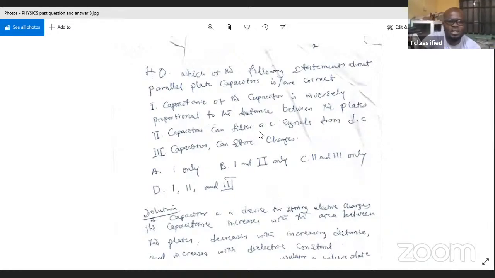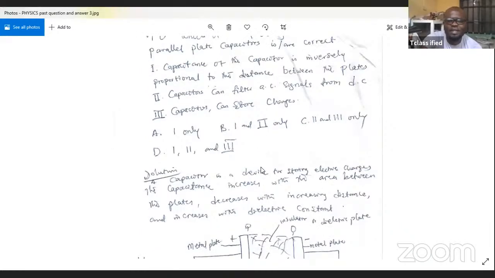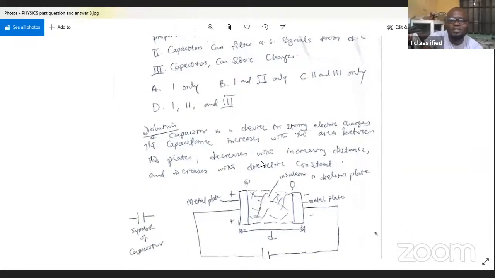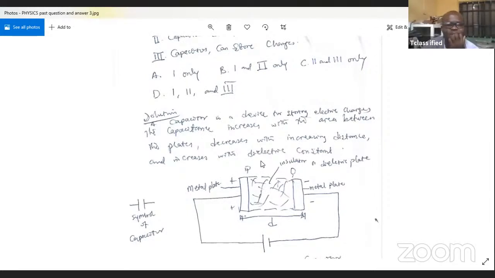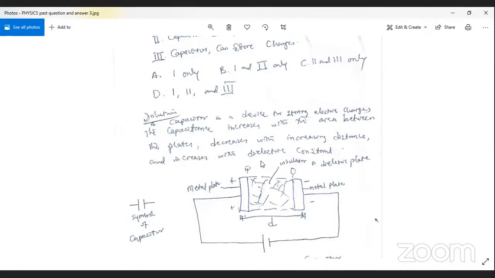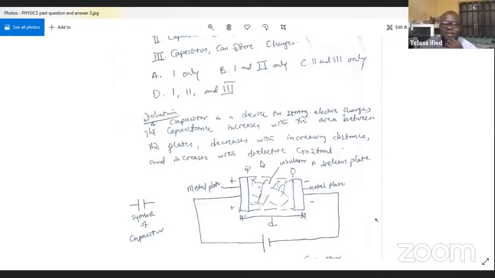Okay, the options. A capacitor is actually a device for storing electric charges. The capacitance increases with the area of the plates but decreases with increasing distance between the plates, and also increases with the dielectric constant.